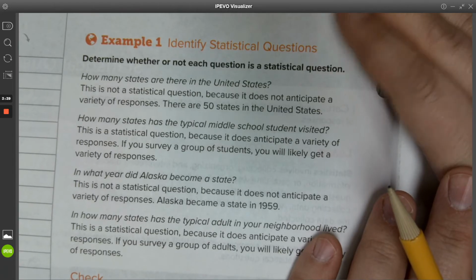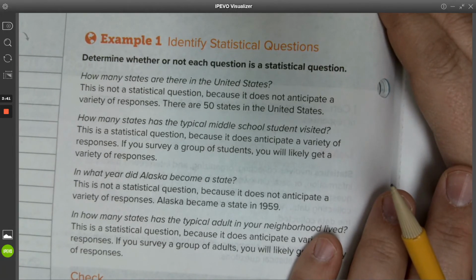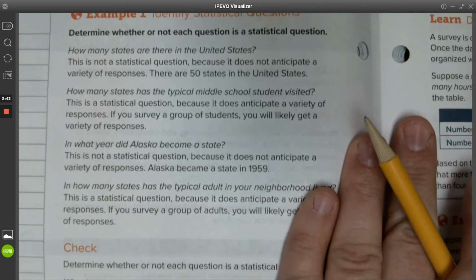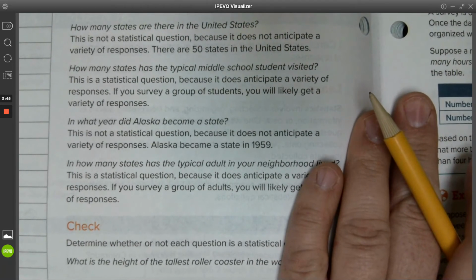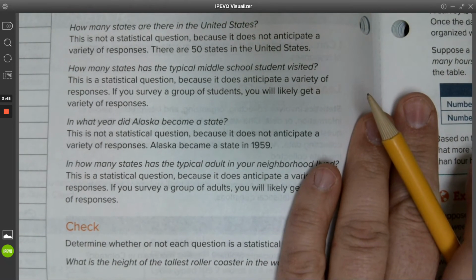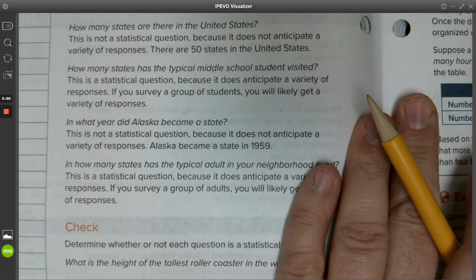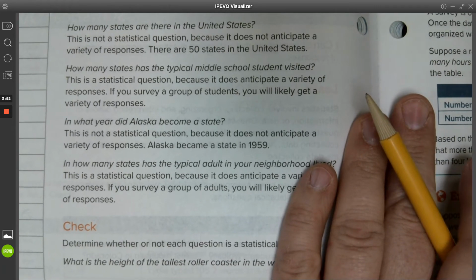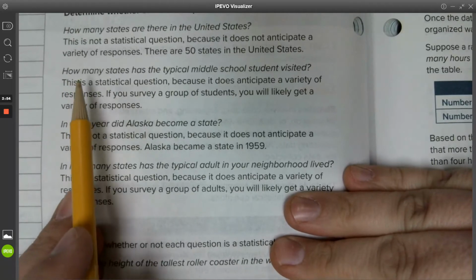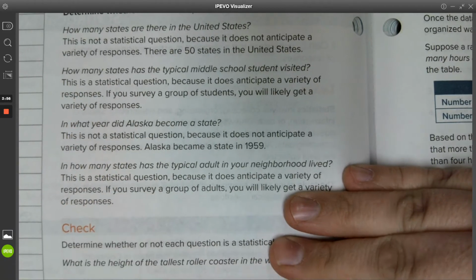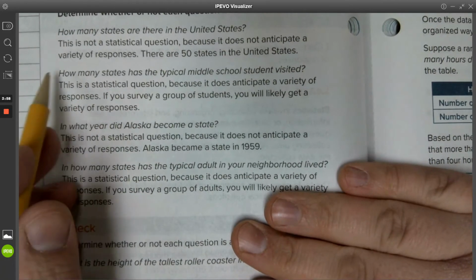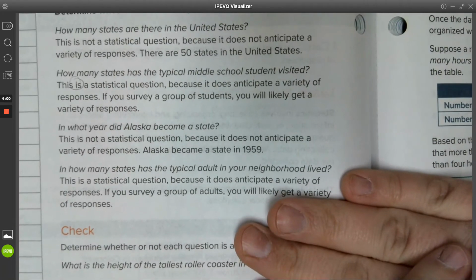You can't make up anything else. So this is not a statistical question. Let's move on. How many states has the typical middle school student visited? Now this one would be, because we can survey a lot of different people and we would get a variety of different answers. So this is a statistical question.